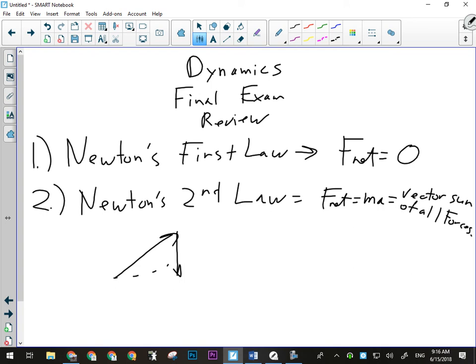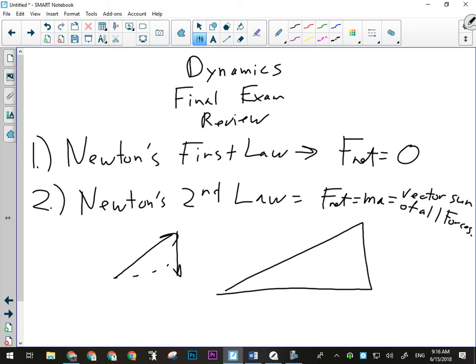We dealt with a lot of other situations to do with Newton's second law. My favorite situation to do with Newton's second law has to do with inclined planes. So maybe there might be one on the final exam.